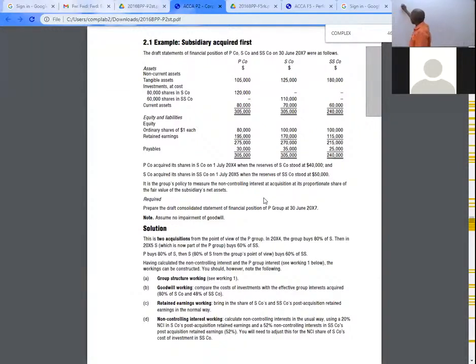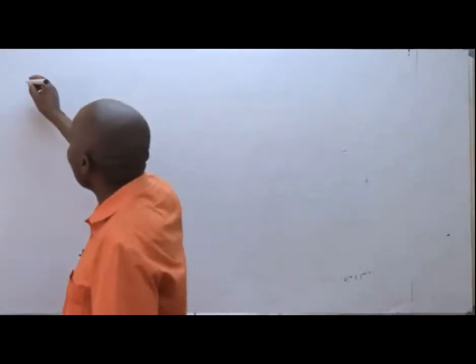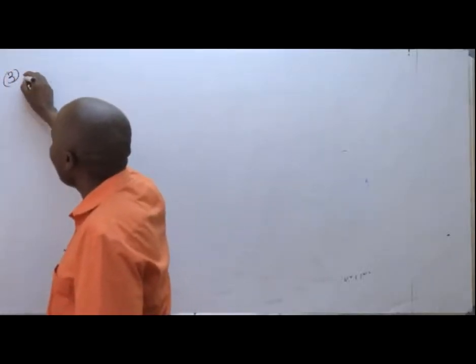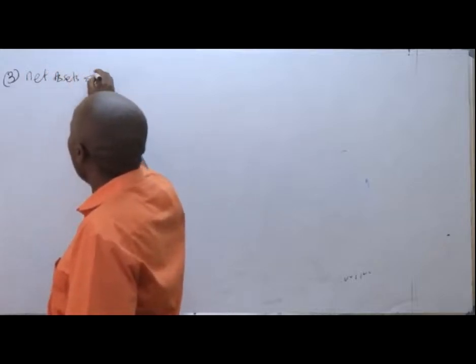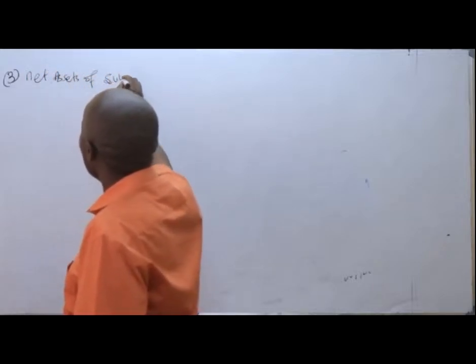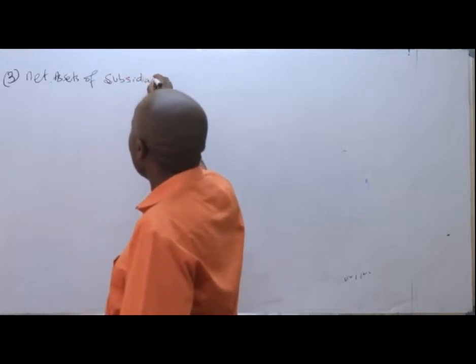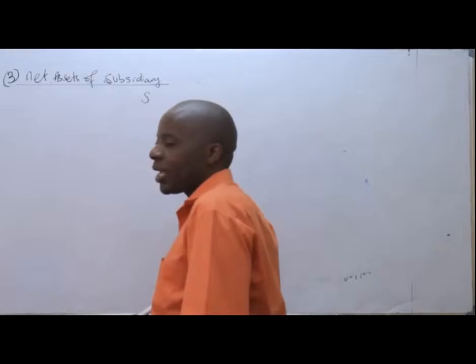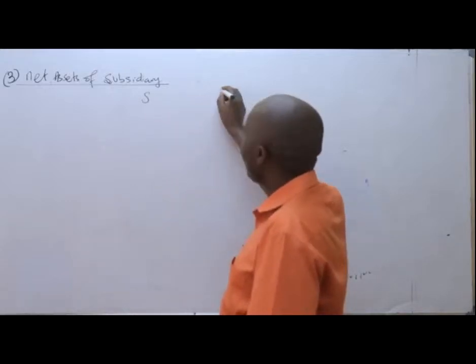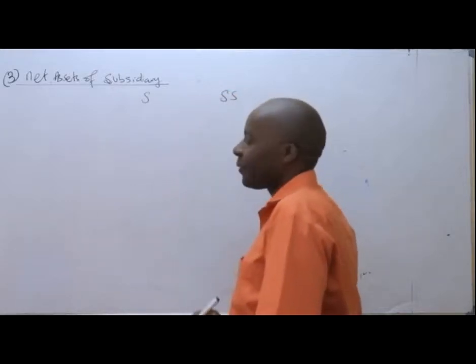Net assets of subsidiaries. Step number 3, working 3. Net assets of subsidiaries. Remember, we have the first subsidiary, and then we have the second subsidiary, SS.